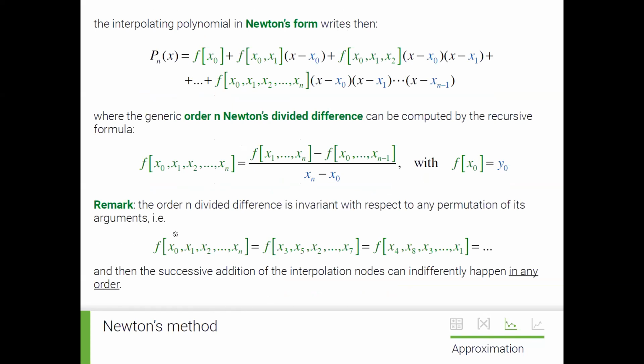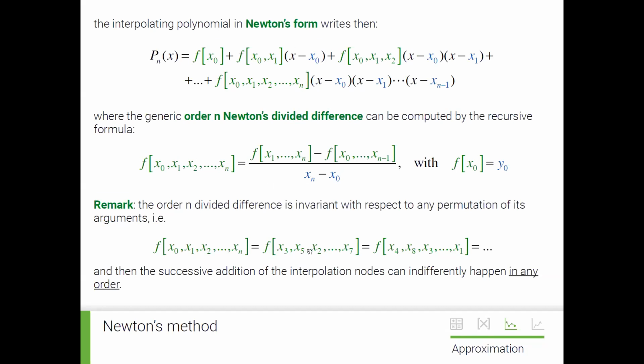So again, the important thing is that we can find these coefficients by this recursive formula, with the first condition f[x0] equals y0, where xi, yi are the nodes. After finding these coefficients, the Newton divided differences, we can find Newton's form of the interpolating polynomial.